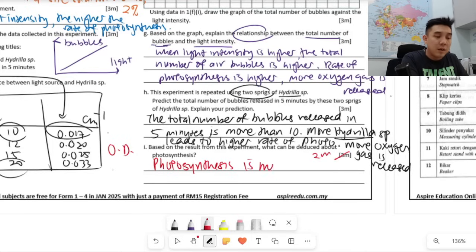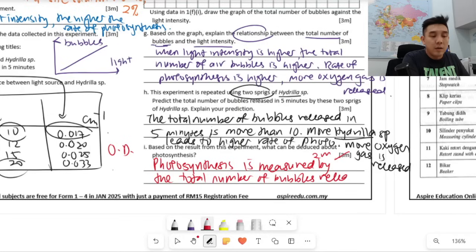Photosynthesis is measured by the total number of air bubbles released in 5 minutes.